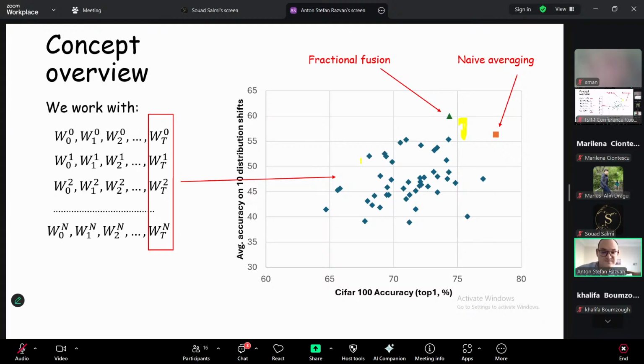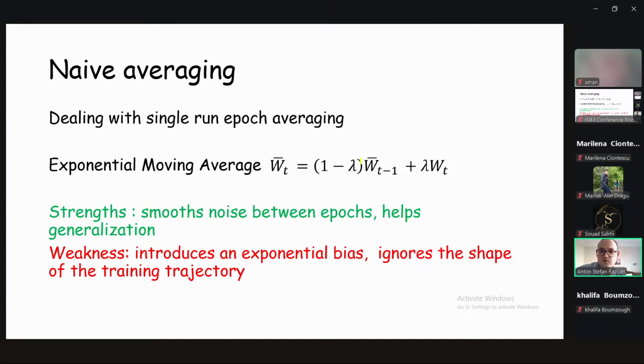The naive way to do it in a single run is exponential moving average, where you have your lambda here. This is only for 2 models, but it can be extrapolated to any number of models. You choose your lambda between 0 and 1, whichever works best, and suddenly you have a model which is better than all of the models during your epochs, and this helps with generalization.